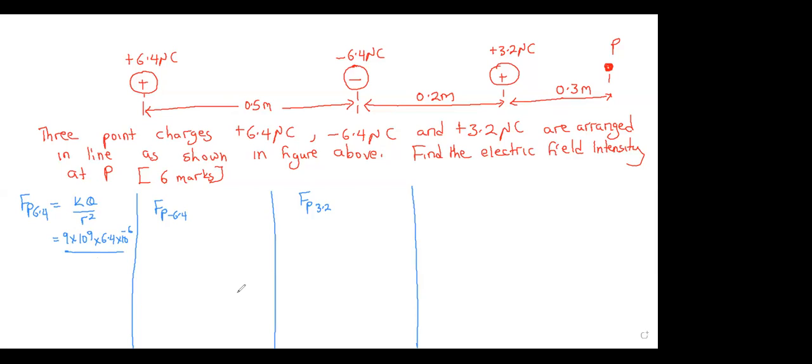For the first force, 6.4, what is your distance, R? Teacher, 1. Very good. So you say 1 squared. Which answer do you have? 5.76 times 10 power 4 Newton per coulomb.